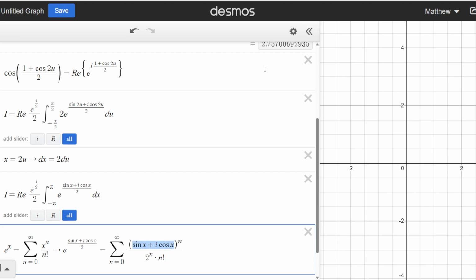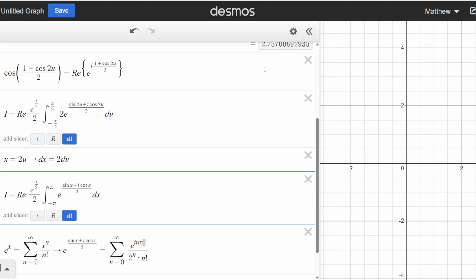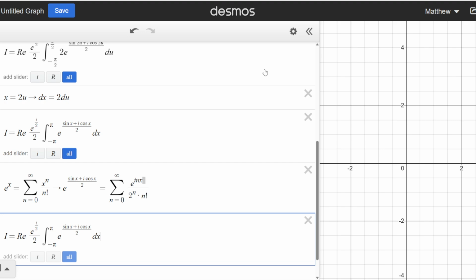This is just e to the ix. And this becomes e to the inx. All right, so we can go ahead and rewrite our integral now.